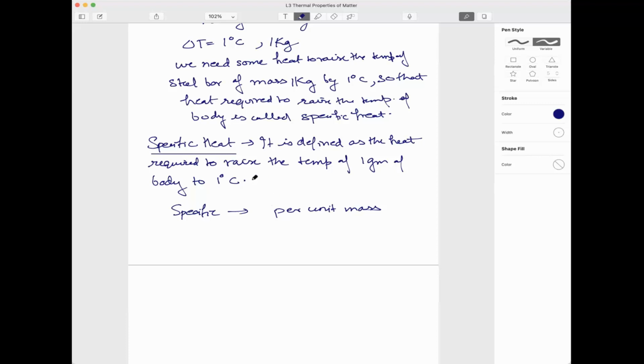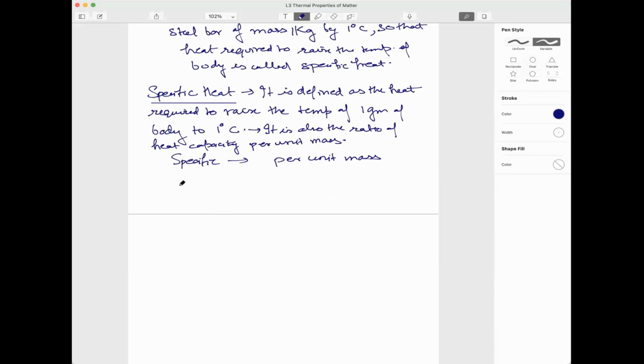It can also be defined as the heat capacity per unit mass, and that's why it's called specific heat. Okay. So I want to point out a few things here.